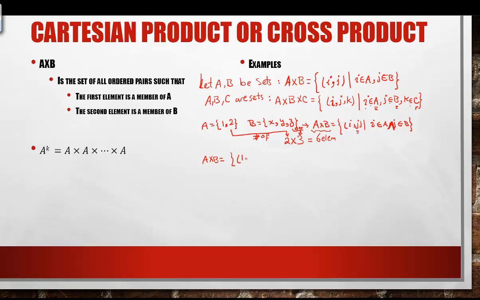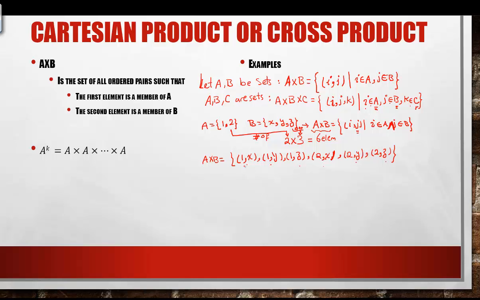It will have (1, X), (1, Y), (1, Z), and then we go to (2, X), (2, Y), (2, Z). Okay, perfect: 1, 2, 3, 4, 5, 6.